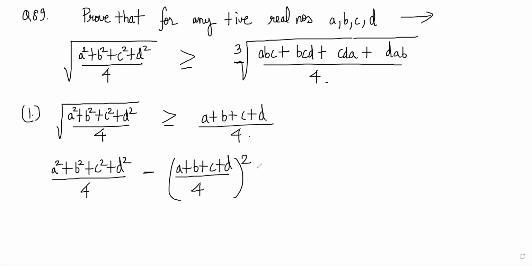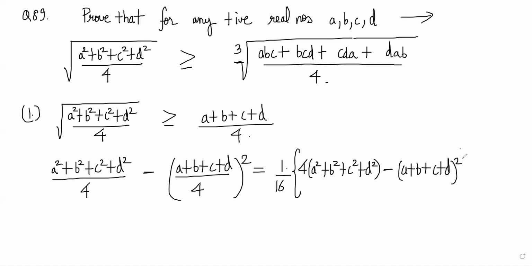So this will be 1 by 16 and (A plus B plus C plus D) whole square. I will take 1 by 16 out common. And what we have here is 4 times (A squared plus B squared plus C squared plus D squared) minus (A plus B plus C plus D) whole square.